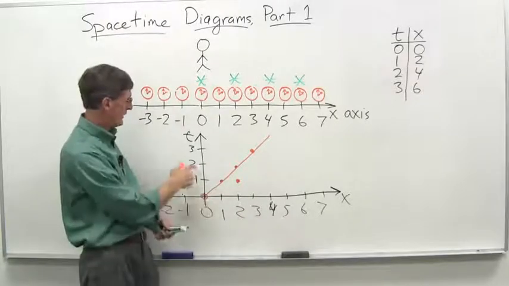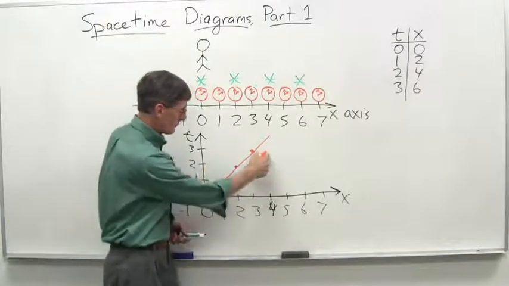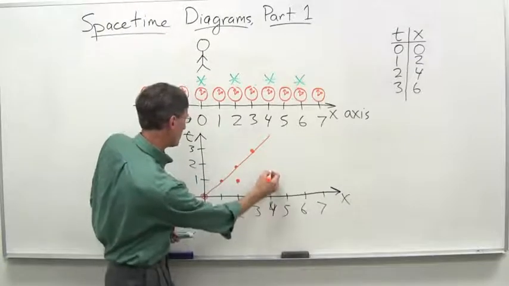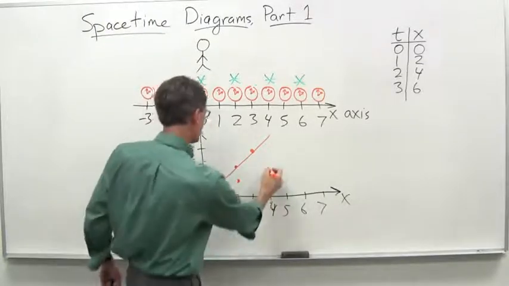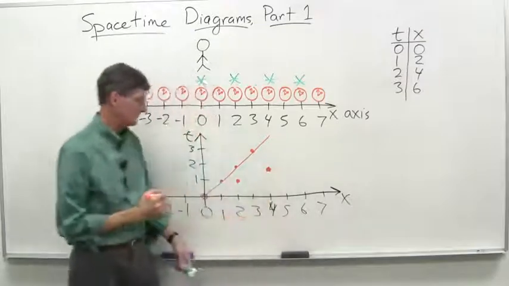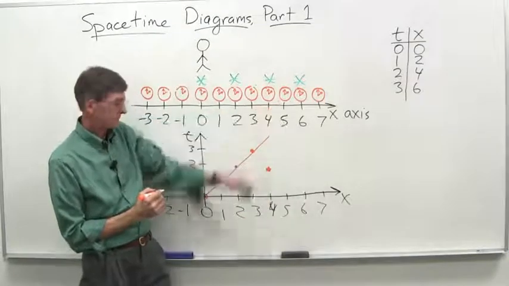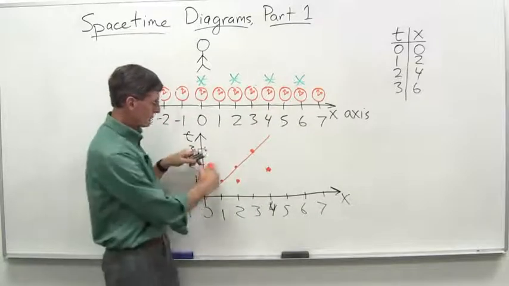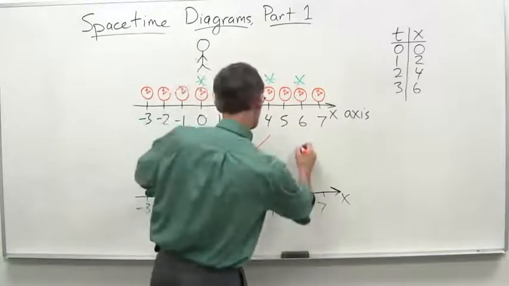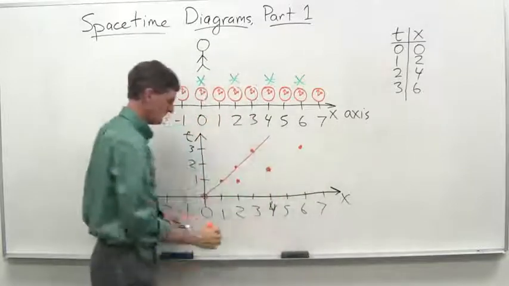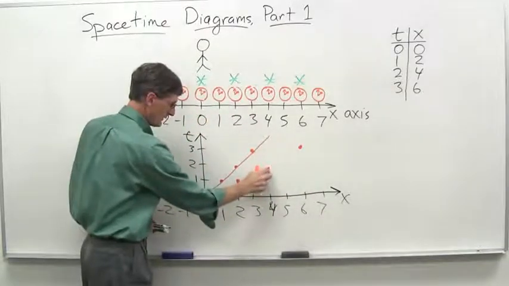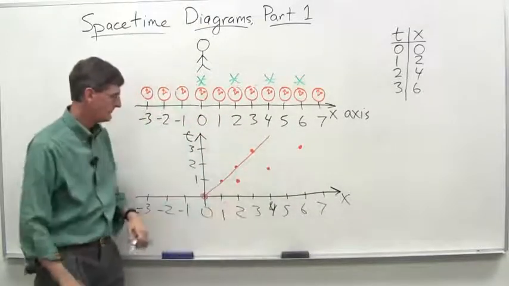And then at time t equals 2, it's going to be x equals 4. So about right there. And then at time t equals 3, it occurs at 6. So 3 over here to 6, something like that. I'll clean that up a little bit. Anyway, okay.